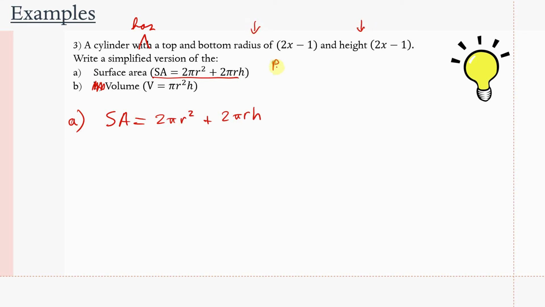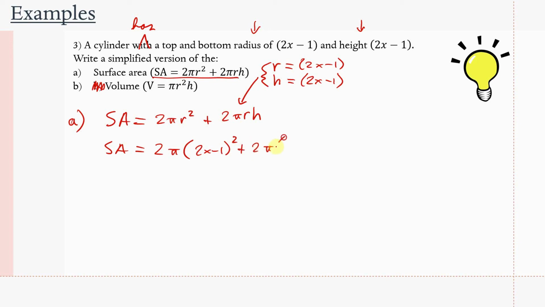And now we know the radius is 2x minus 1, and the height is also 2x minus 1. So if we substitute these two into this equation for the surface area, we will get 2 pi times r squared, which is 2x minus 1 squared, plus 2 pi times 2x minus 1 times 2x minus 1, right?